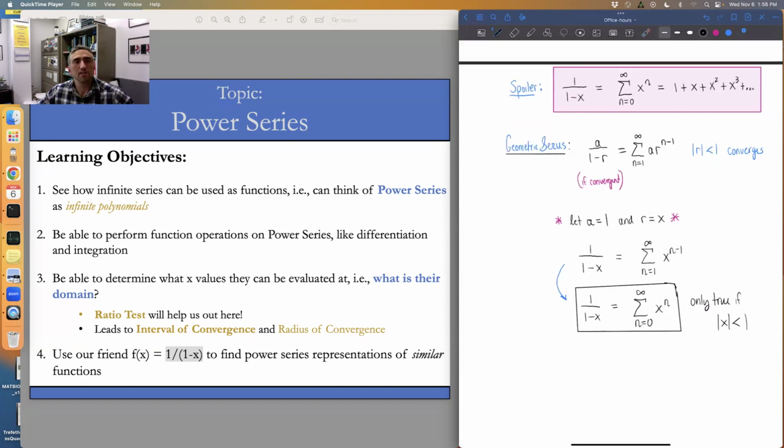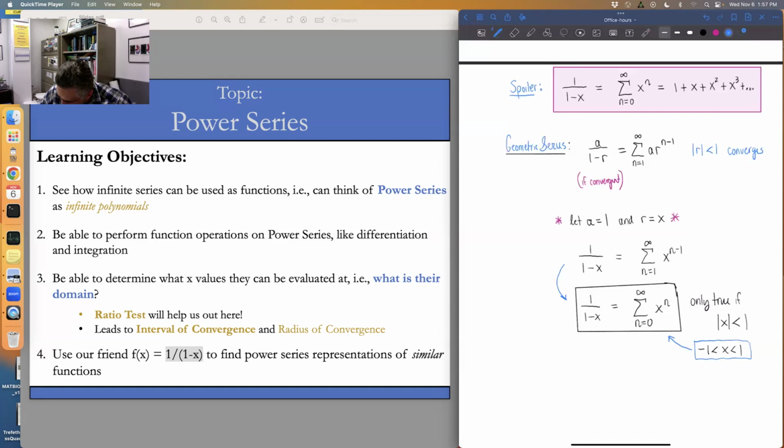And now with us, in terms of our interval of convergence information, what this actually means is we need values of x between -1 and 1, but not including the endpoints. So this is only true if these values of x are held in that way.